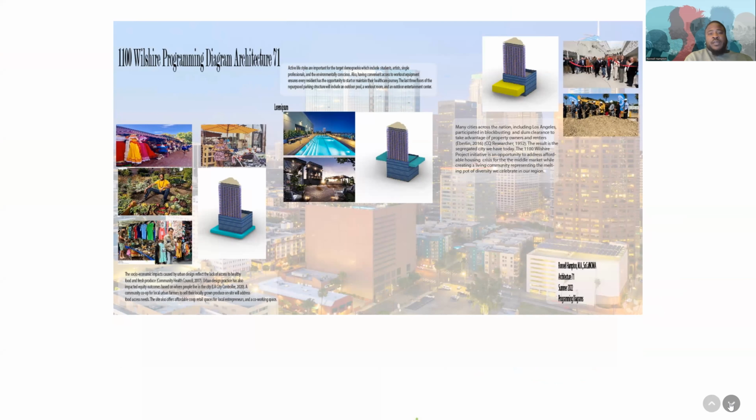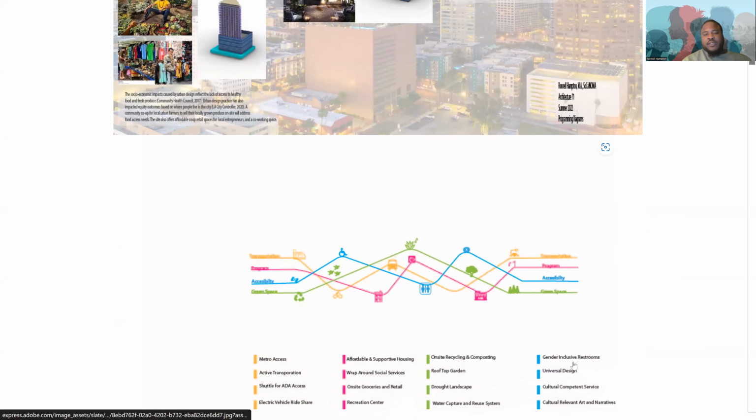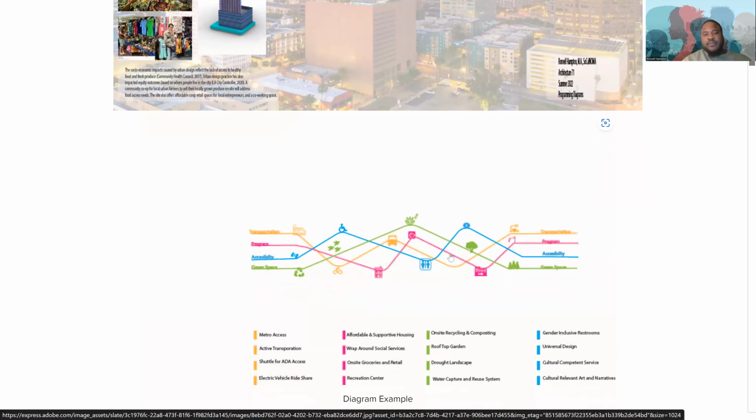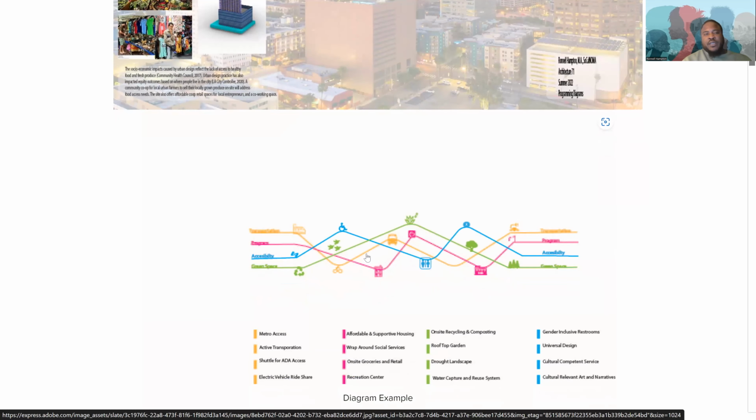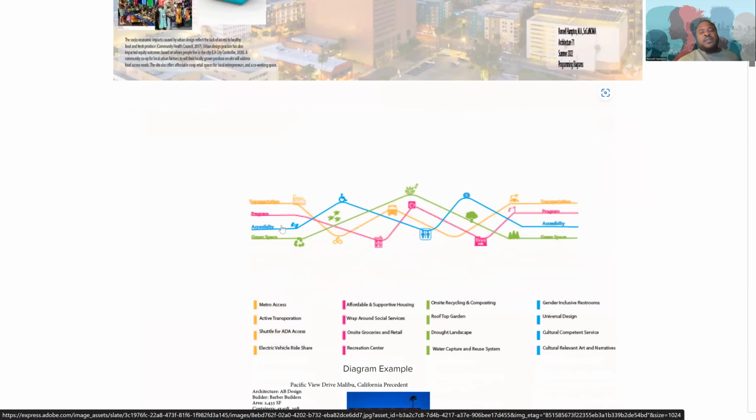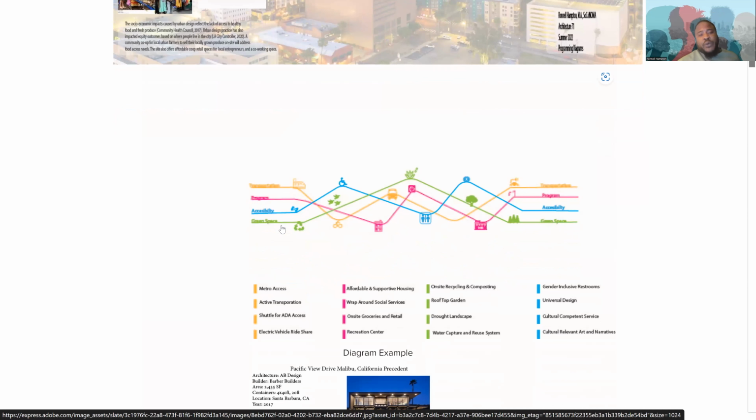Similar to the video, which described different elements of a site in relation to what it was doing, I followed the instruction from the video and created a diagram for the different features of a project that I did in the past. So transportation is a component in relation to this site, program, accessibility, and green space. As you can see, I was able to follow the instructions of the wonderful speaker on that video.